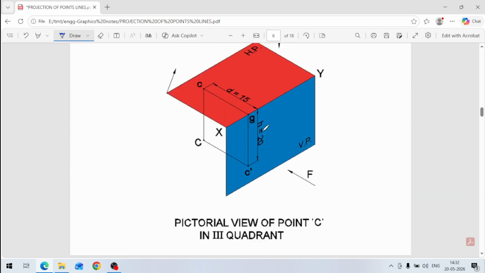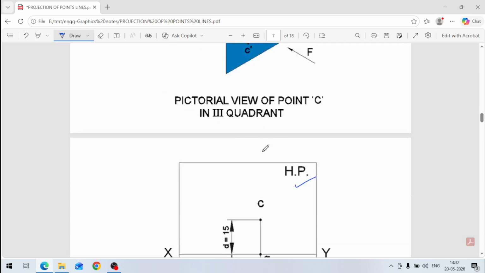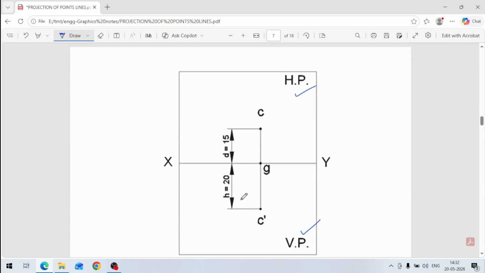So this point, if you see here, is point C. This distance is 15 mm in the horizontal plane. That means this projection will be on vertical. And here in the horizontal plane, this distance is 20 mm like this. So this is 20 mm here, and this is 15 mm.